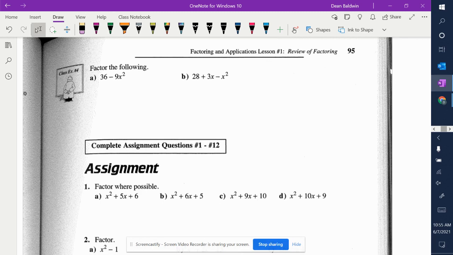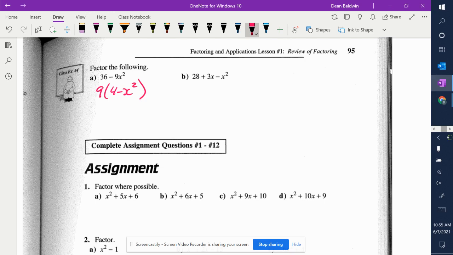So what is the first step every single time? What is at the top of that sheet? Common factor. Is there a common factor between 36 and 9? It's 9, right? So I pull out the 9, and I'm left with what on the inside? 4 minus x squared.